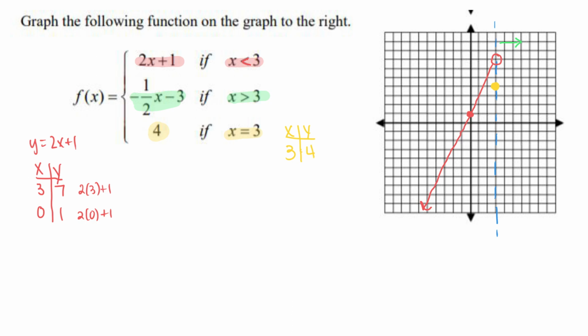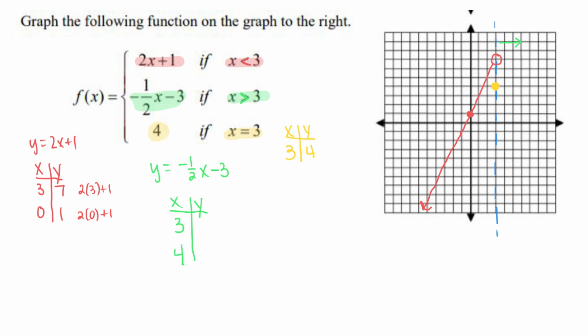Okay, now let's look at the green function. y equals -1/2 x minus 3. So I'm going to make my table. And I'm going to use 3, definitely, and then I need to choose a number greater than 3. Let's just choose 4.